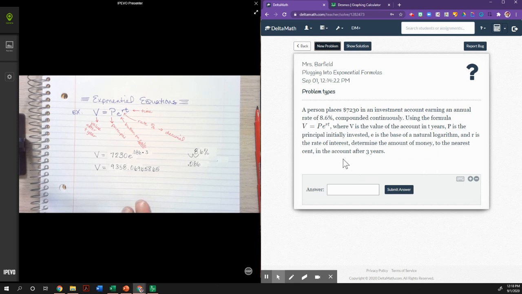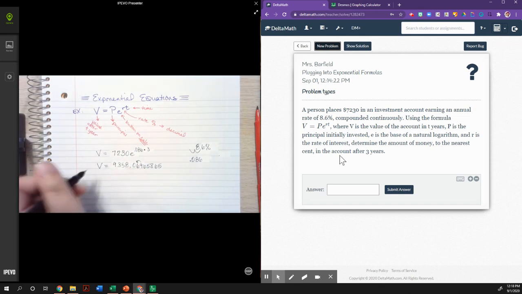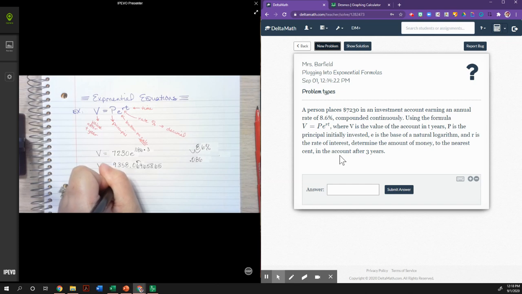It says to the nearest cent. So that means this 9 will take that 6 up to a 7: $9,358.07. So what that means, and this is like real life, I can't make this stuff up, this is actually what happens when you invest money and you come back 3 years later under these circumstances. Nothing has happened.